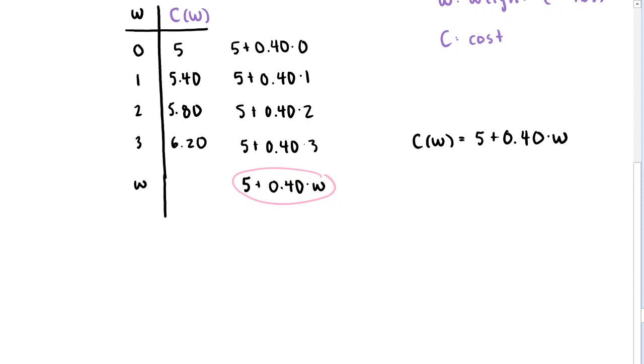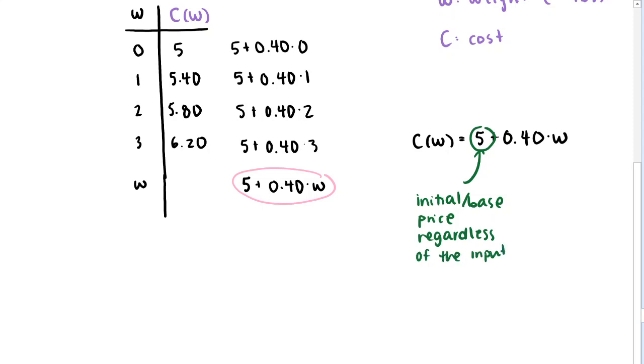And so here, one thing we can notice is that there was this $5 here. This was the initial cost. Right, this was regardless, it didn't care about how much the package weighed. You're paying this no matter what, regardless of the input.